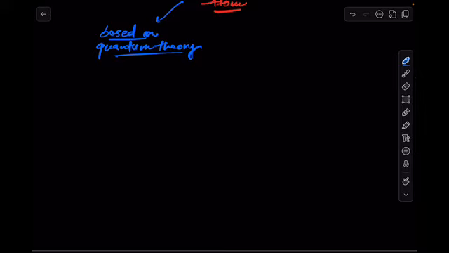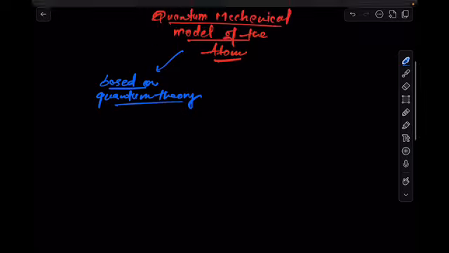This theory describes the electron not as a particle in a fixed orbit, as it was in the Bohr model, but as a wave-like entity with probabilities of being found in certain regions in space. Not in orbits like Bohr said, but according to this theory, electrons behave as a wave.